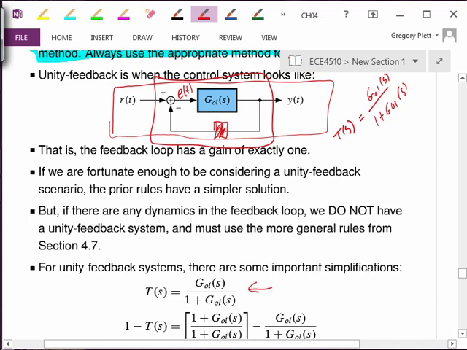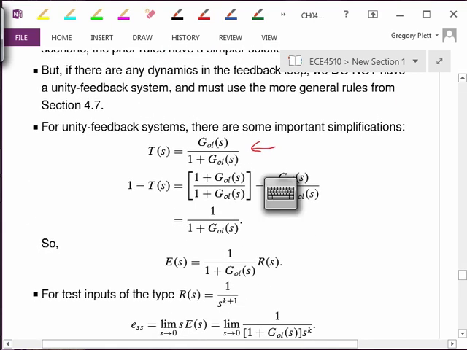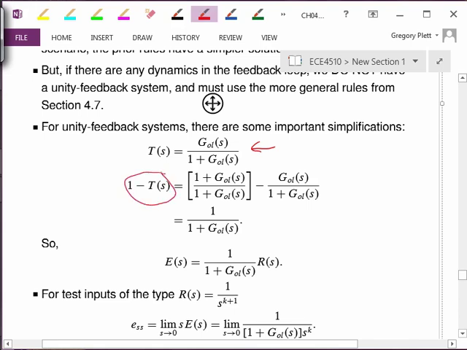When we looked at finding the steady state error versus system type in the previous section, we said I've got to compute 1 minus T(s). So what we do is we first compute 1, written with a compatible denominator for the subtraction, minus T(s), which is this.